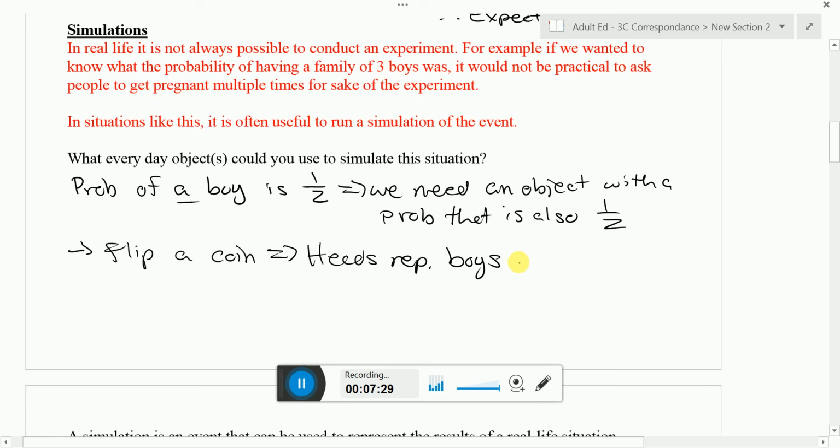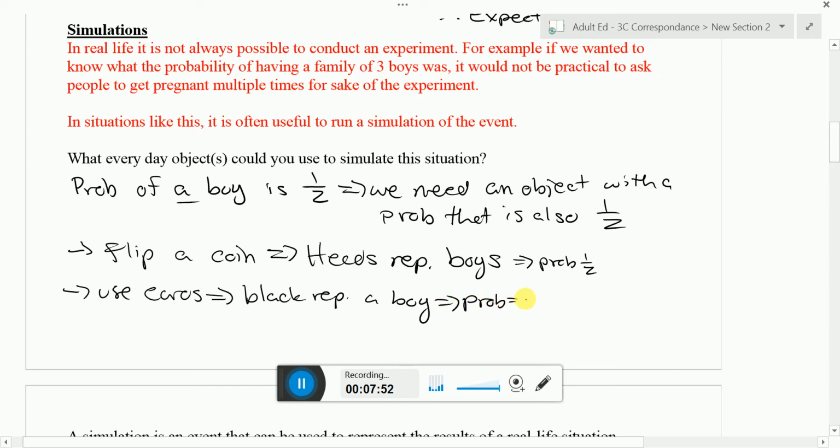Again, if heads represent boys, the probability matches. Every time you flip a coin, that represents having a kid, and the probability is 1/2. We could use cards and have black represent a boy. Again, the probability of getting a black card is 1/2.